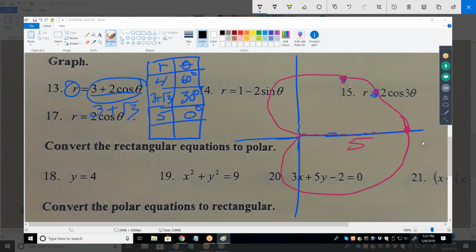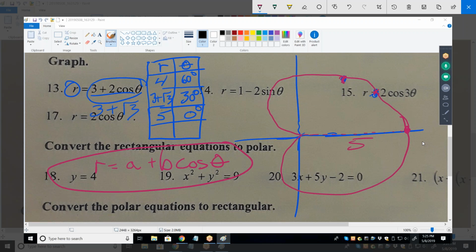It's a common shape in polar coordinates called a cardioid. And all cardioids have the formula r equals some number plus another number times a cosine of theta. That is the standard equation of a cardioid.